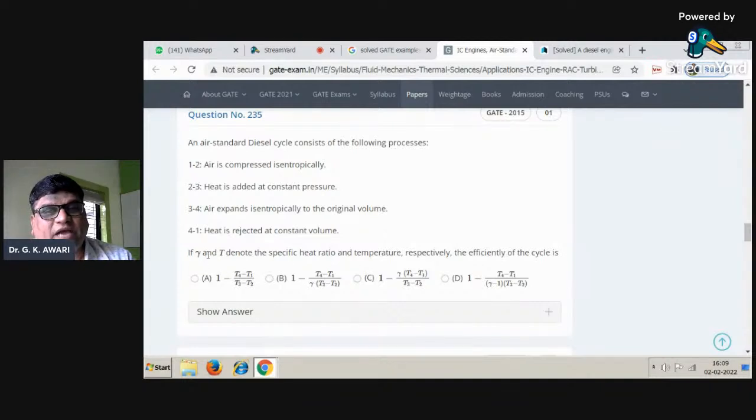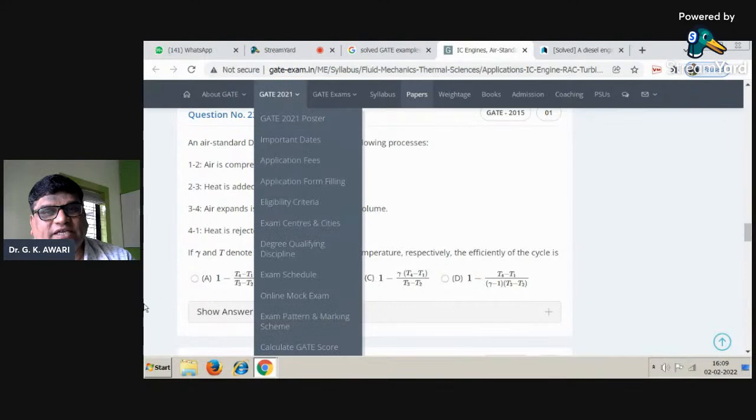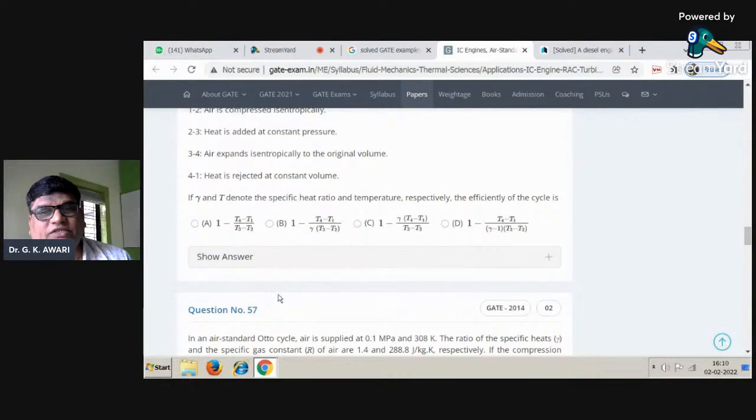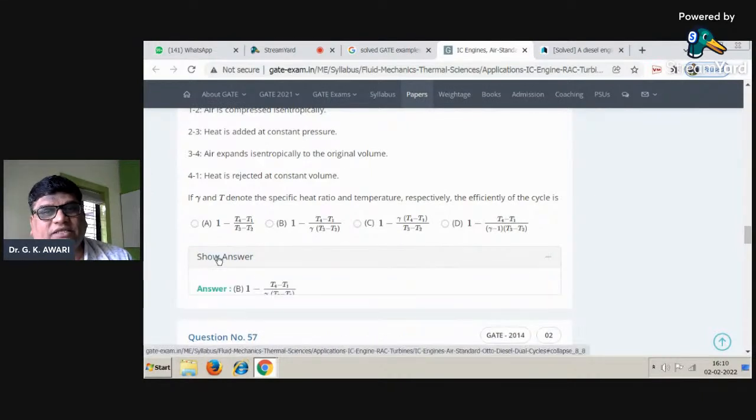So, if gamma and T denote the specific heat ratio and the temperature respectively, the efficiency of the diesel cycle is given by 1 minus (T4 minus T1) divided by (T3 minus T2), or 1 minus (T4 minus T1) divided by gamma into (T3 minus T2).